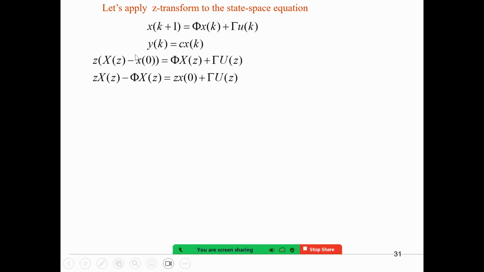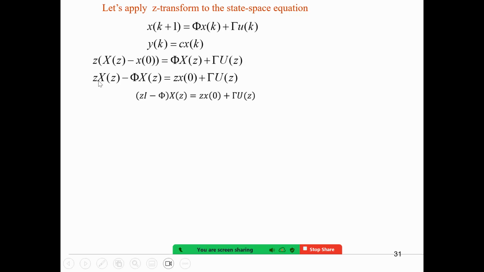Now, we want to get the solution for X. So put X on the left side and the initial condition on the right side. Remember, here X is a vector.